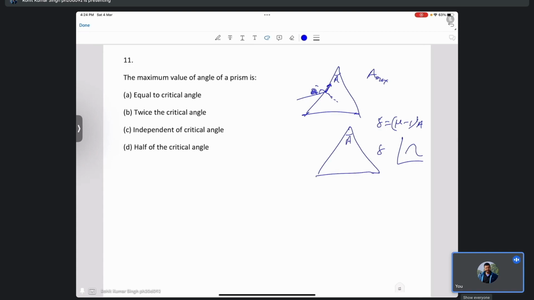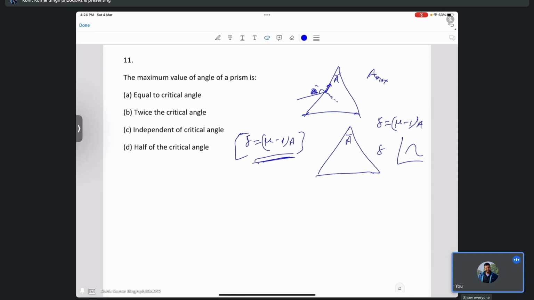If you go through the derivation of this formula, mu minus 1 A, it should be in the lectures, or you can pick any ray optics book.